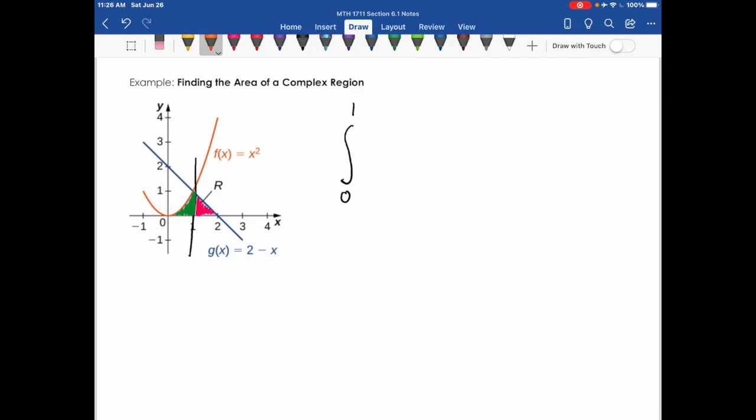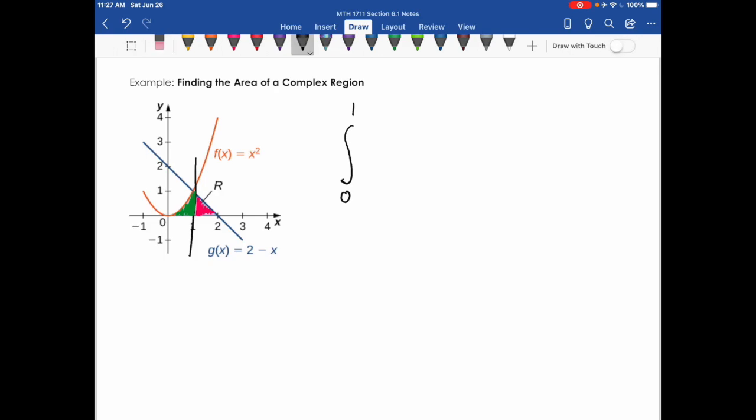Now for that area, we really just need to find the area under the curve of x squared. We're not looking at this area in orange where it's between the two functions. If it was between the two functions, then I would have to take 2 minus x and subtract x squared.